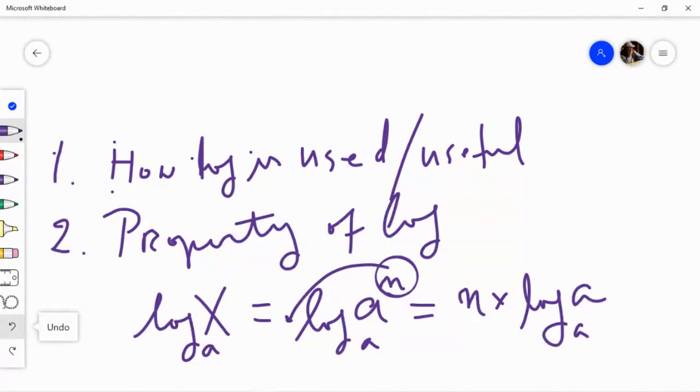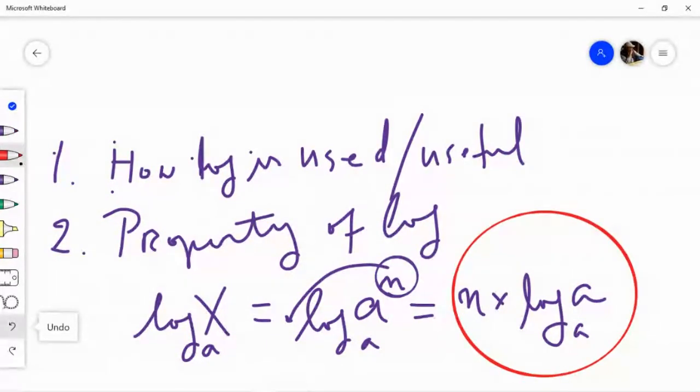In other words, the power function becomes a multiplicative function. And this is the property. This is a very important property, and this is the property that we need to address our problem.